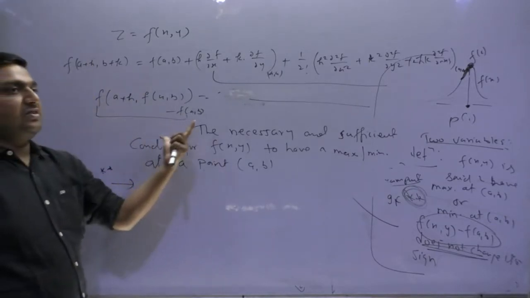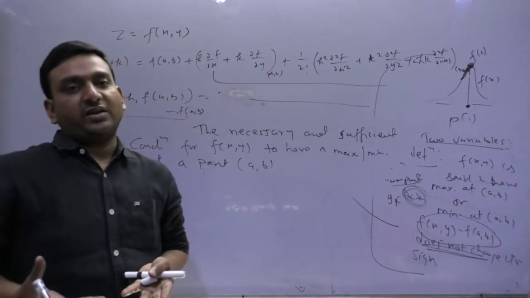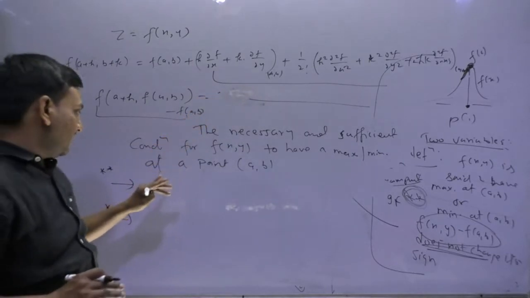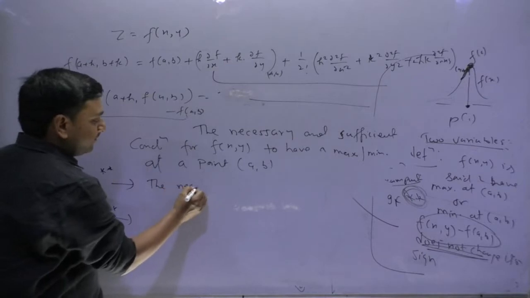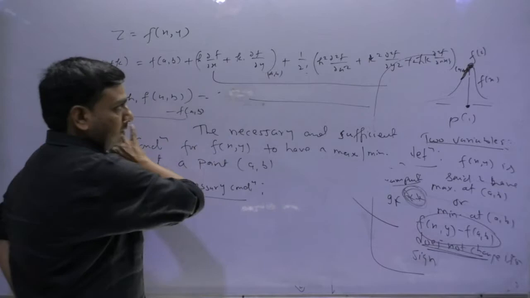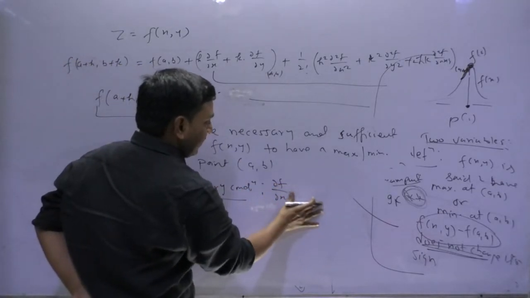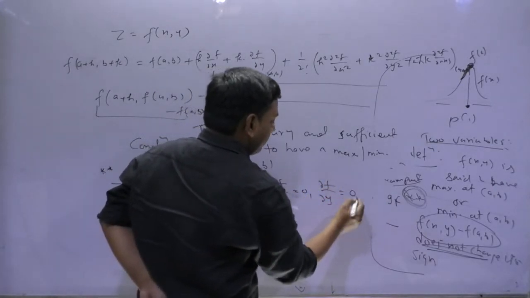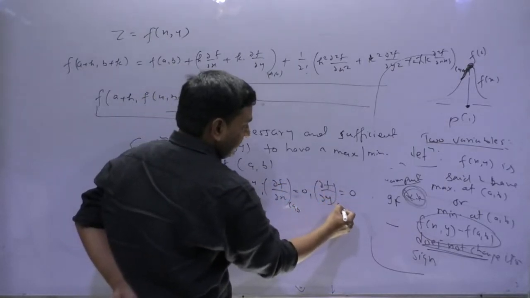Although I have discussed this much just to make you feel from where these things are coming. So for exam purpose, no need to do rattamar. The rattamar is here only. The necessary condition: the first order derivatives, ∂f/∂x must be 0, ∂f/∂y must be 0 at those points.